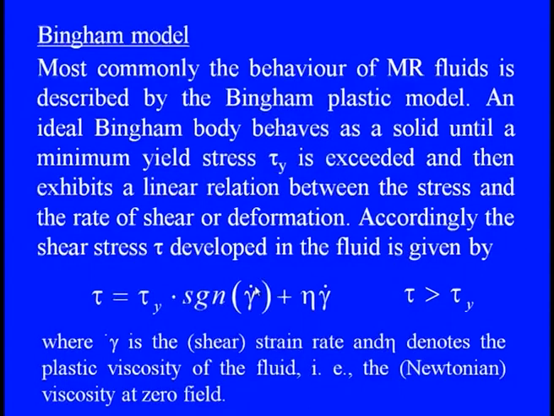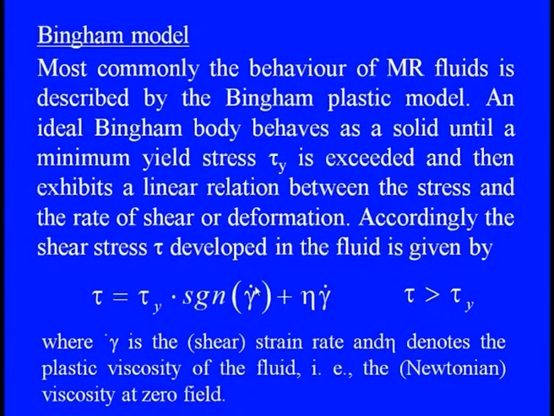So we can say tau equals tau y sign of gamma dot plus eta gamma dot, where gamma dot is the rate of shear strain, and eta is showing the plastic feature of the viscosity of the fluid.